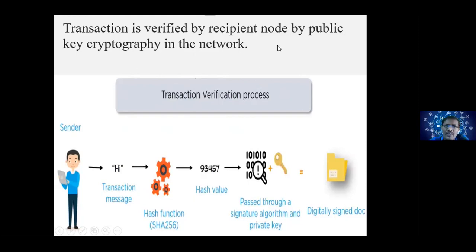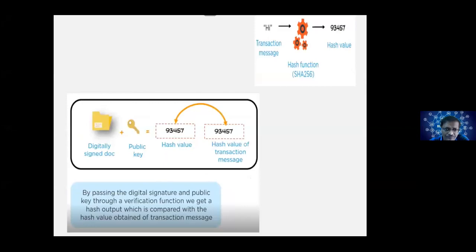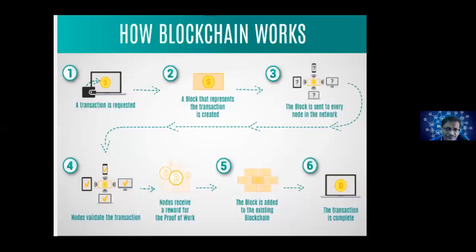The recipient can verify the transaction with the help of the public key. This is the same thing I discussed just now, at the start during the public key topic, the verification process. So every transaction is signed during transmission by the sender, and it is received at the receiver side. It is verified that the sender is the genuine sender and the data is not altered.